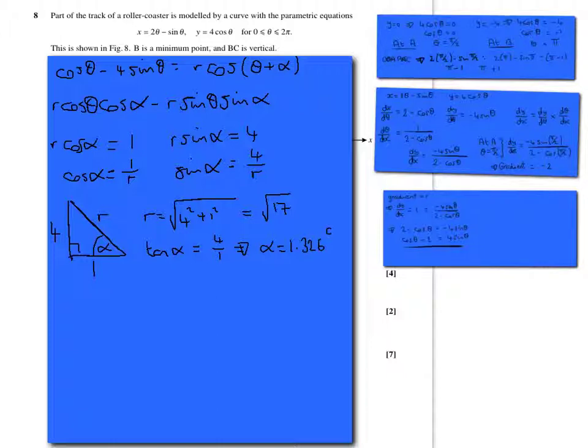Now we can rewrite cos theta minus 4 sin theta in the form root 17 cos(theta plus 1.326 radians).